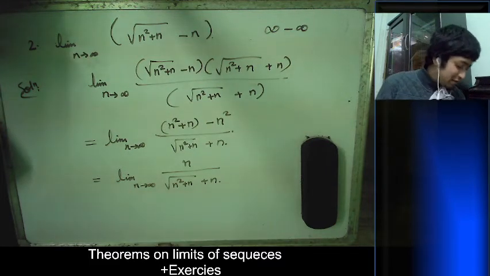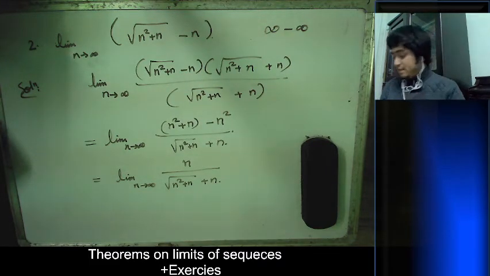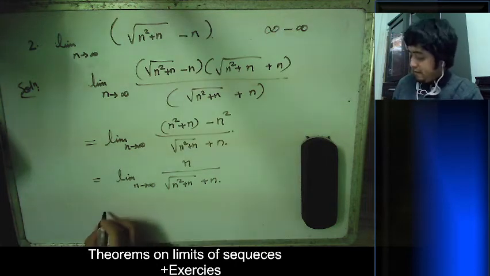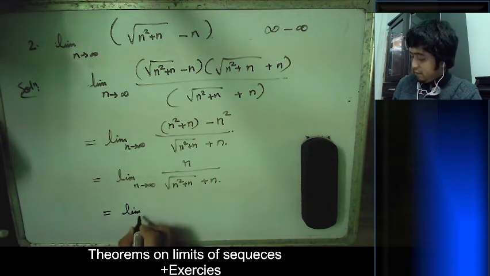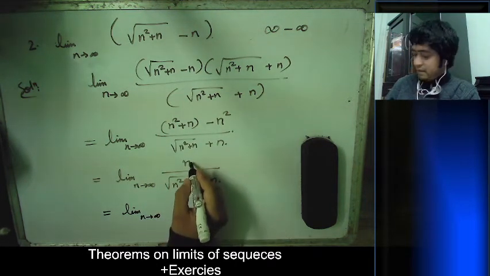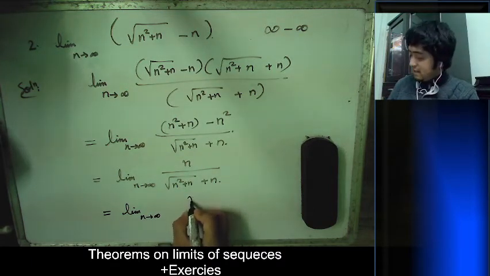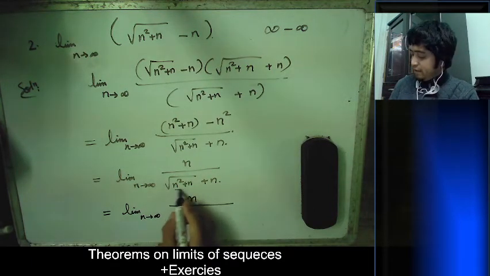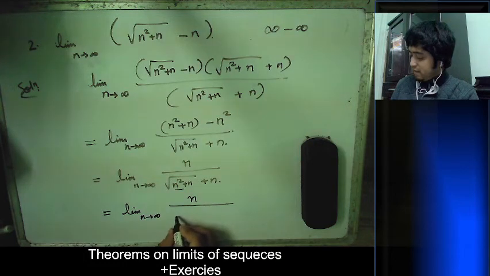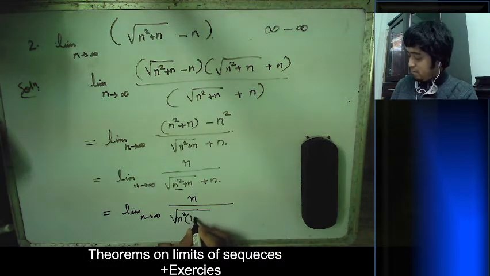Now we can calculate them. We can easily take common the highest power of n. But before that, this one we will leave as it is. Over here we can take common n square. I'll write down one more line so that you'll be much more comfortable.